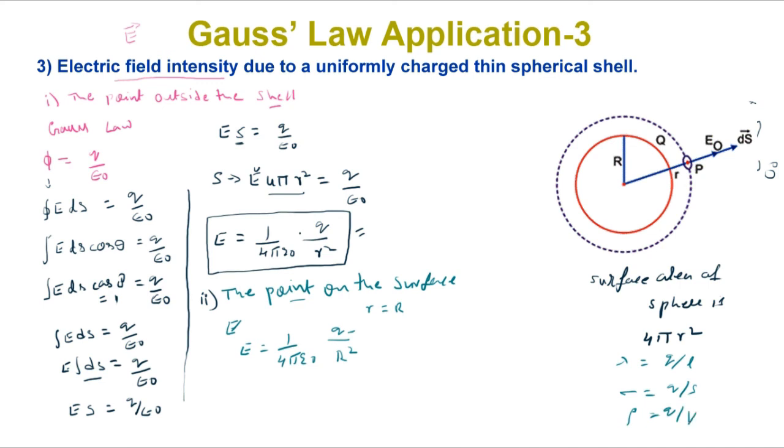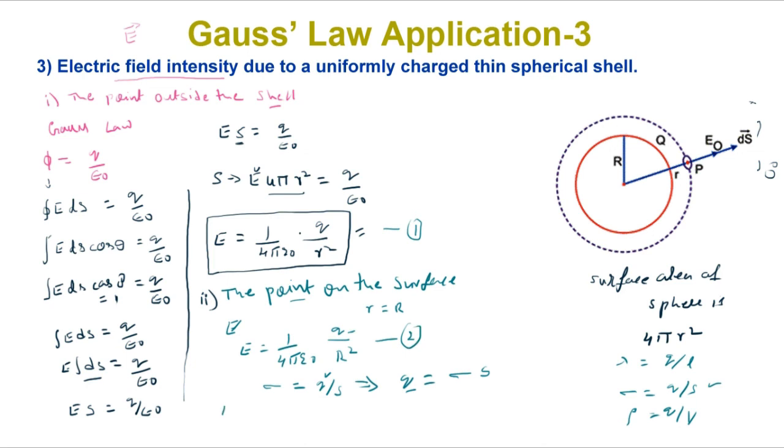Now I will take the surface charge density: sigma is equal to q by S, so q is equal to sigma into S. Substitute this q in the earlier equation.